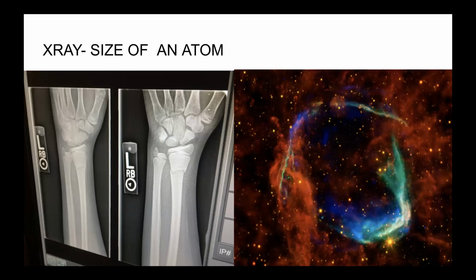So that's why they're so good for X-rays in showing the bones inside of a human. And over on the right-hand side is a picture using X-ray radiation of what different structures in the solar system, well, in this particular case in the galaxy, look like.